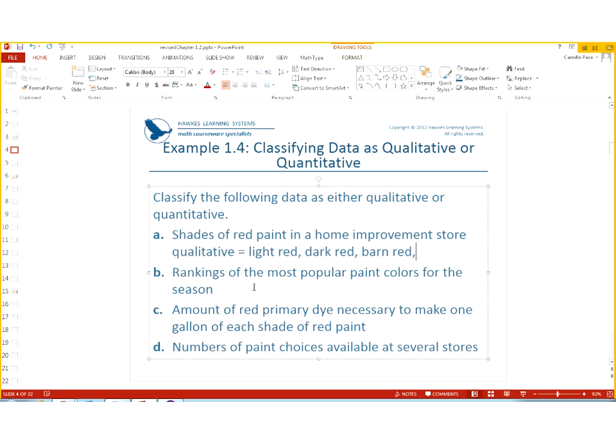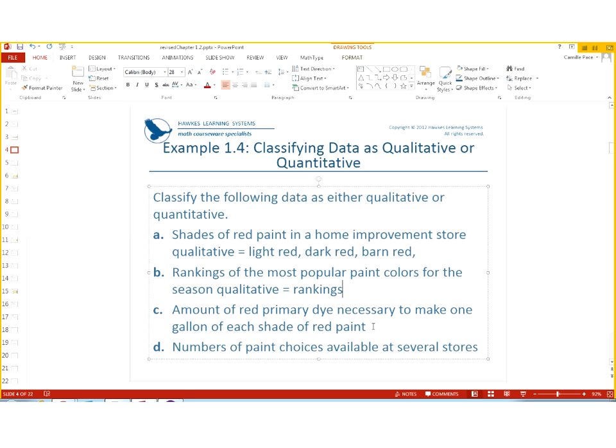All right, ranking of the most popular paint colors of the season. Ranking. So let's say the first popular one is barn red and the second is dark red. So rankings are qualitative. While they might be numbers of first, second, and third, these will always be qualitative because they're rankings. Okay.